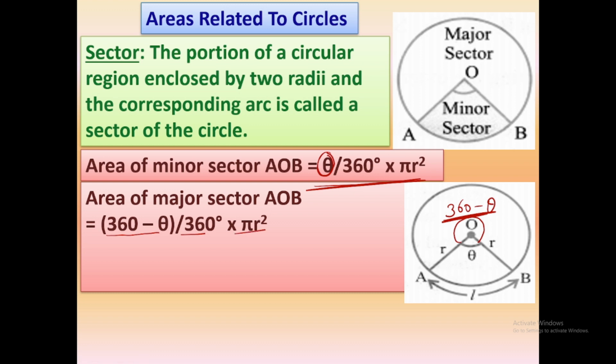And the other way to find the area of the major sector is, as we already found the area of the minor sector, from the area of the whole circle we will subtract the area of the minor sector. Then we get the area of the major sector.